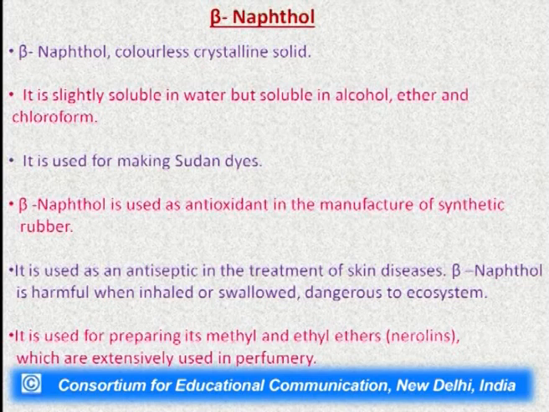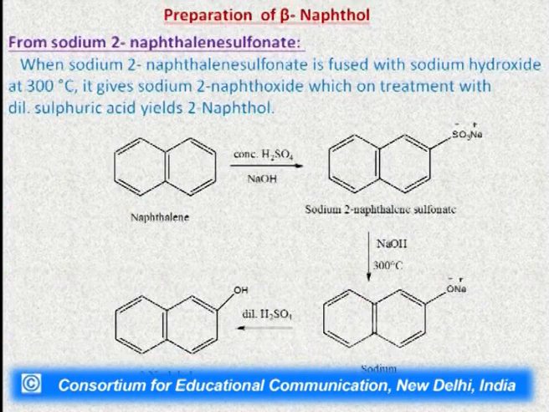It is also used as an antiseptic in the treatment of skin diseases, but when it is inhaled or swallowed, it is very dangerous, and very harmful to the ecosystem, especially to aquatic life such as fishes. It is also used for preparing its methyl and ethyl ethers, which are called nerolines, extensively used in perfumery industries.